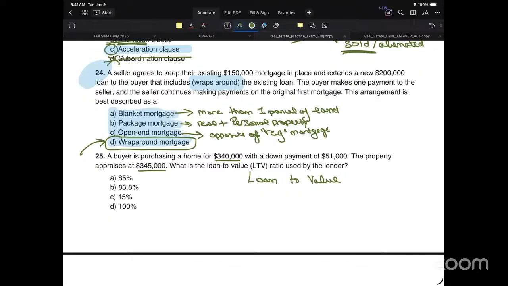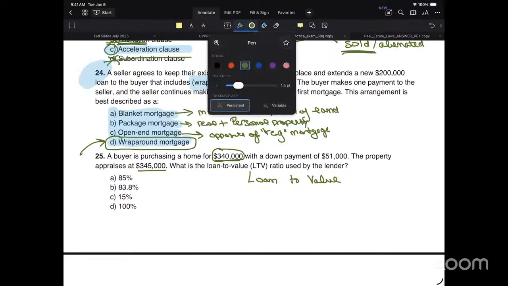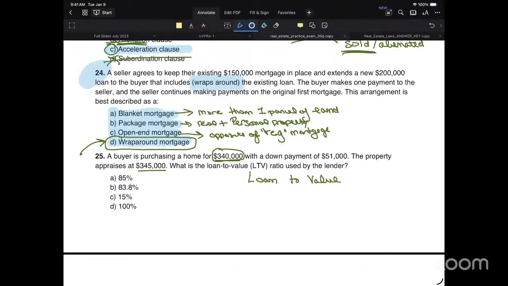And here's the thing, when we talk about somebody getting a loan, we always go with the lower number. They're always going to take the lower number. So since they're purchasing the home for $340,000, we would go with this number. However, let's say they're purchasing the home for $340,000, but it appraised for $320,000.